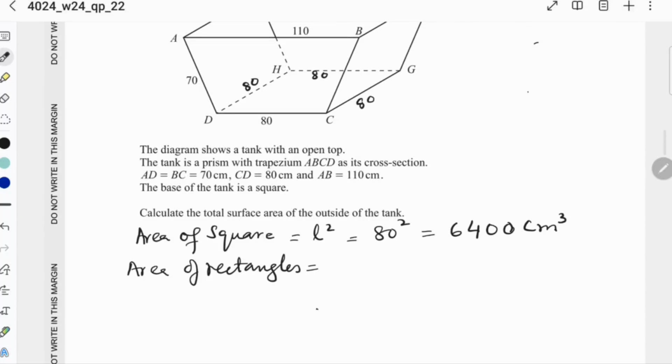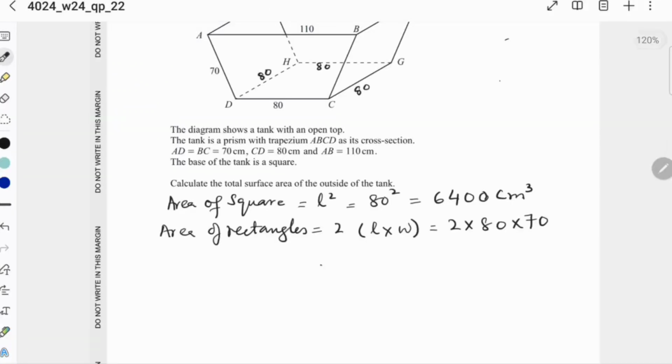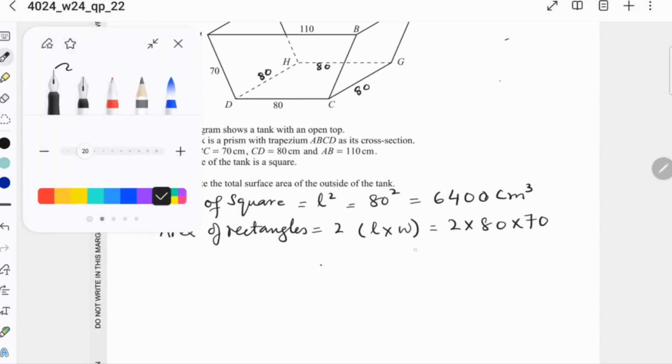So 2 into 80 into 70 equals 11,200 square centimeters.